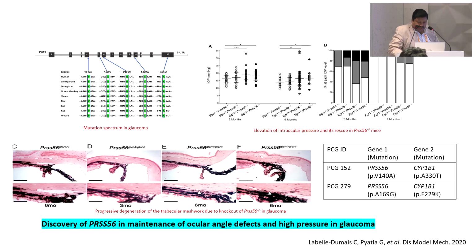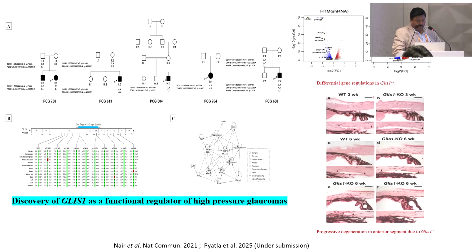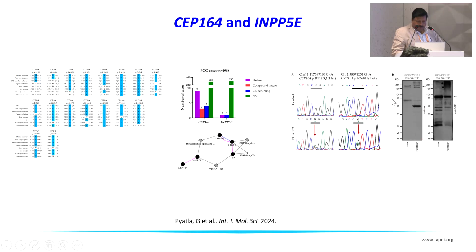Furthermore, we showed other genes like the serine protease that also interacts with CYP1B1, and knocking down the serine protease in mice resulted in a hypoplastic trabecular meshwork. Similarly with GLIS, which also interacts with other glaucomatous genes like FOXC1, and again, knocking down GLIS results in a hypoplastic trabecular meshwork, and so on and so forth.